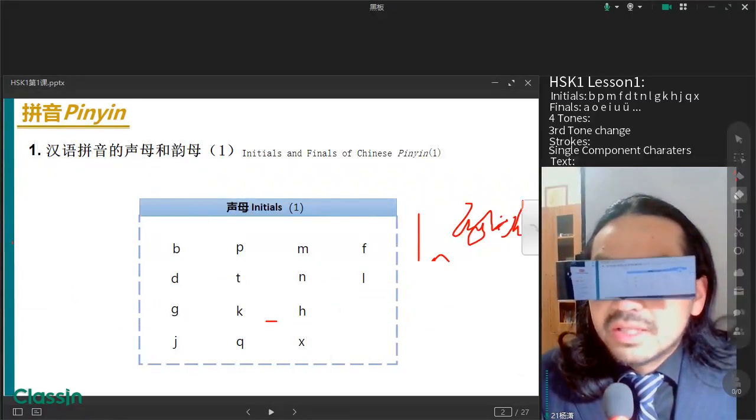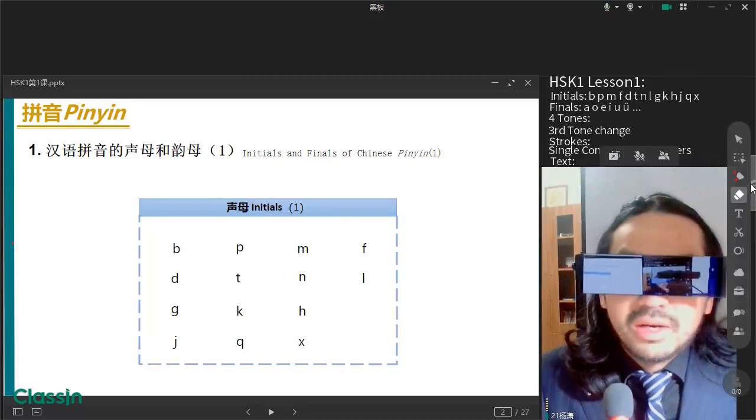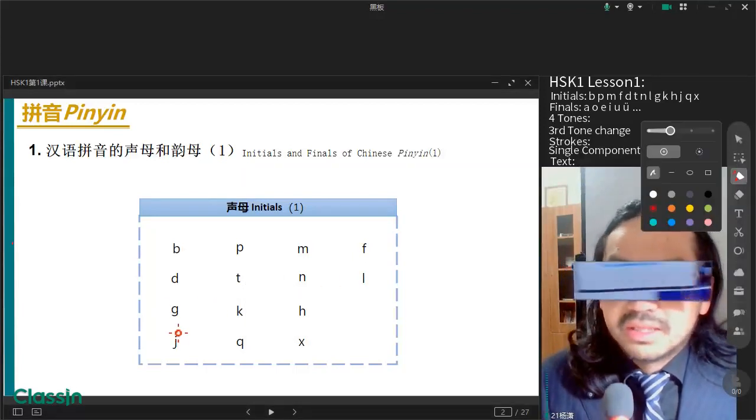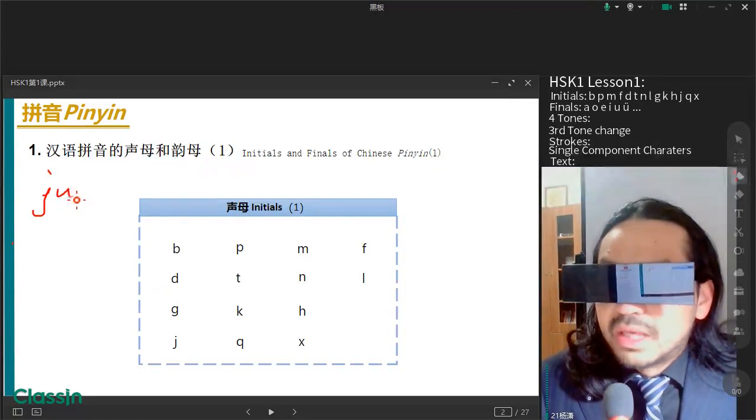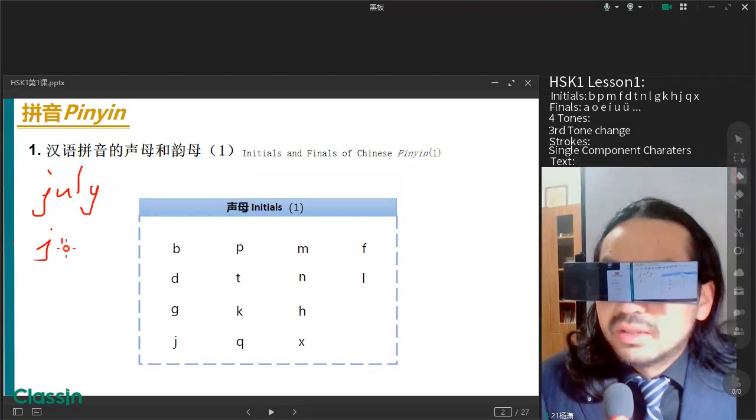It is a little similar with how you pronounce this letter in English. For example, July, or jinx.